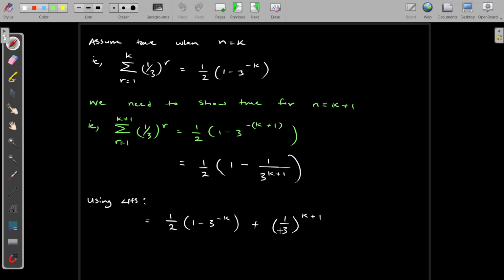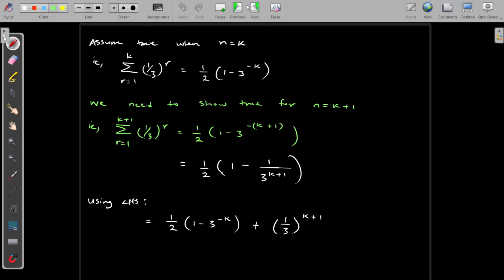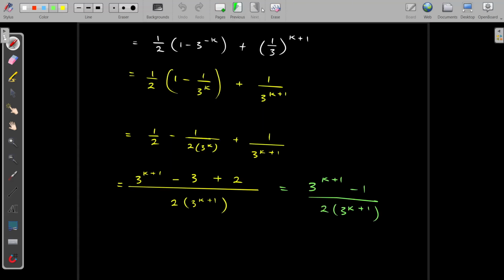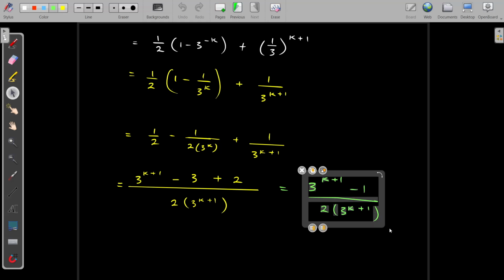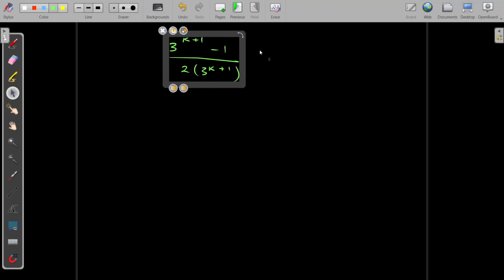Let me see what we're working towards. We're working towards getting, alright, so if we factor out a half, right, let's see. So from this, what we're going to do is factor the half.